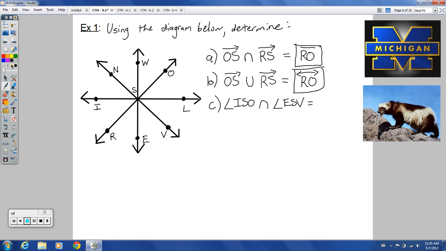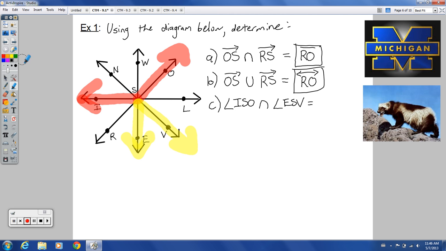But ISO, now let's use our highlighter again. Just listen again for this part, the highlighting stuff, just listen to that stuff. And this would be this angle. Now this is going on forever in these directions here. And the intersection of that and ESV. So ESV is this right here. That's going on in that direction and that direction.